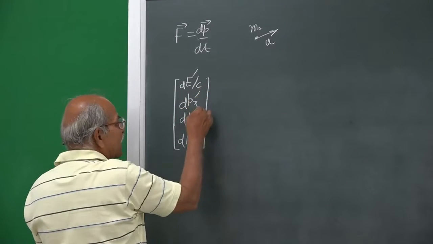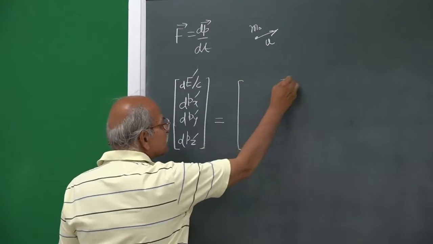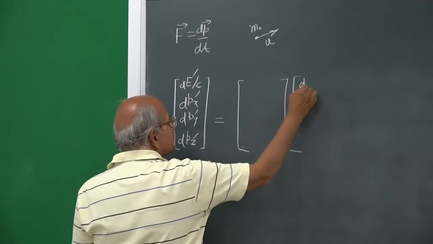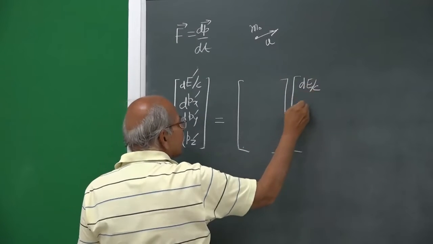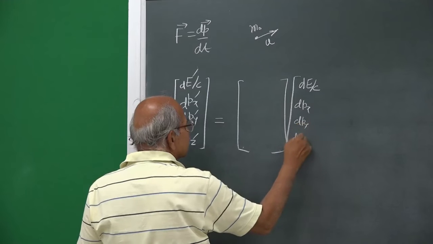So, in the primed frame, if this is the value, then you will have that same Lorentz transformation matrix, and here it will be dE/c and then dpx, dpy and dpz.